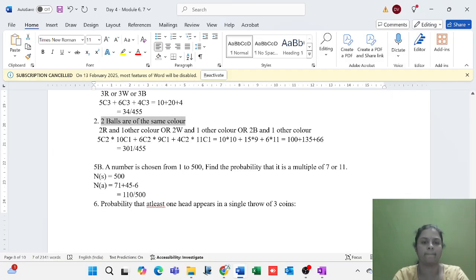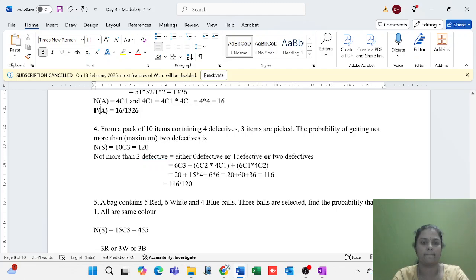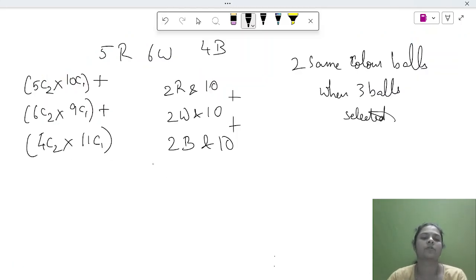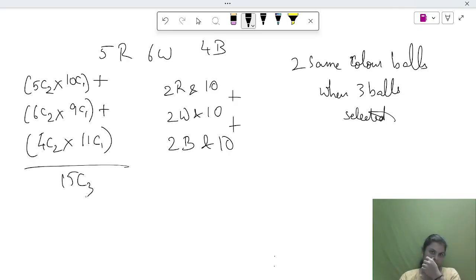Correct? So the whole divided by 16C3. Okay? So now you can simplify and work. I hope this pattern is clear to you, friends. Yes, ma'am. Good.